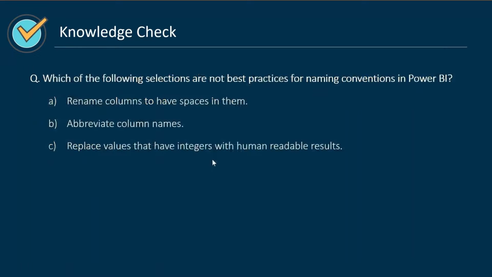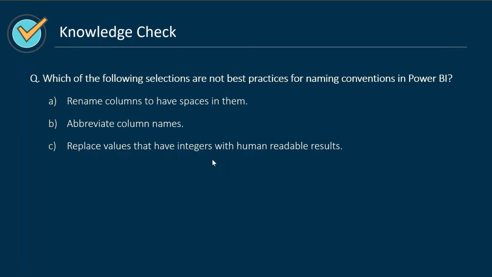Next, which of the following selections are not best practices for naming conventions in Power BI? Naming convention means, let's say your column headers are having some incorrect names or abbreviated names, right? Or there are underscores in the names, so that is not a good way of naming your columns. So which of the things should not be used or should be replaced?